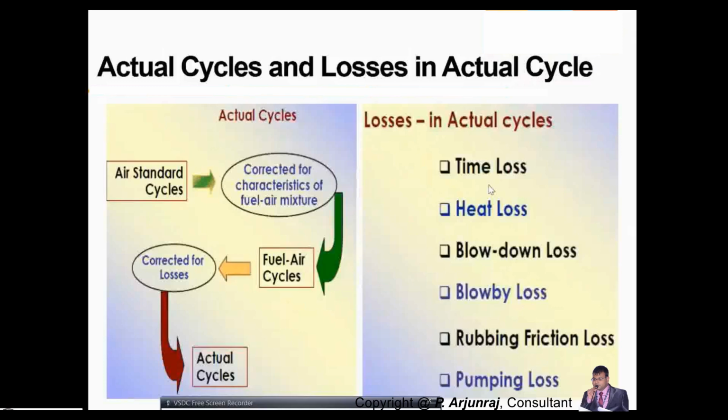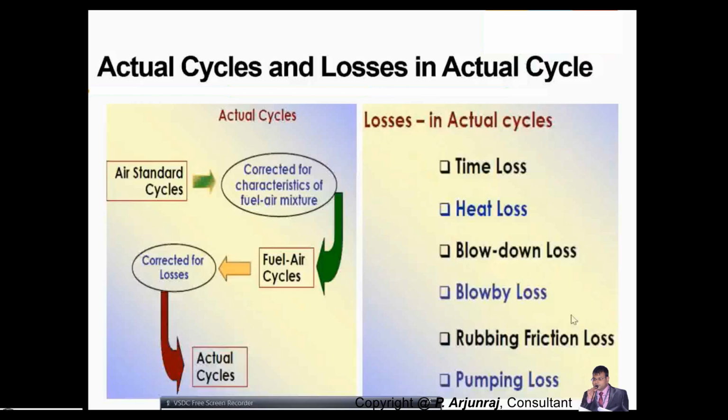And you have the blowdown loss. That is basically the intake valve opening and closing, and exhaust valve opening and closing. Here it is basically the exhaust valve: if it closes well in advance, then you get the blowdown loss. The result is that your engine power and torque are going to get reduced, and the power output is going to be lower.